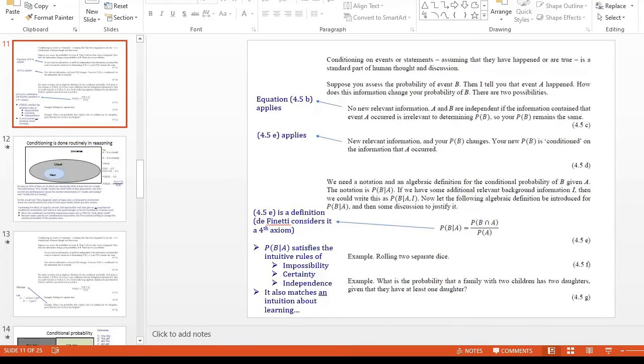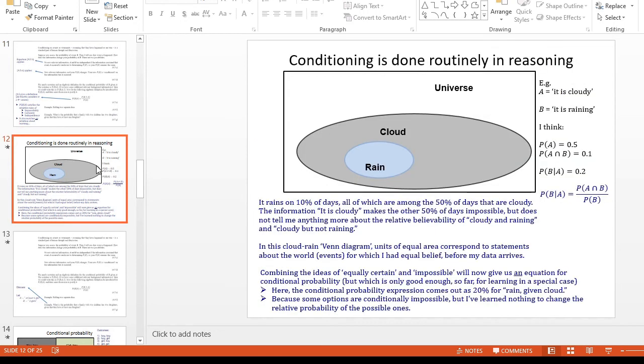Good. Now, let's discuss a more general case of conditional probability than the special cases of impossibility, certainty, and independence. In order to discuss these, we're going to use the following sort of Venn diagram, which shows overlapping areas to describe the relation between events. Remember, in the last lecture, I said it was important to note that it's simply a useful fact that the mathematics obeyed by overlapping areas obeys the same laws as the mathematics of degree of belief probability.